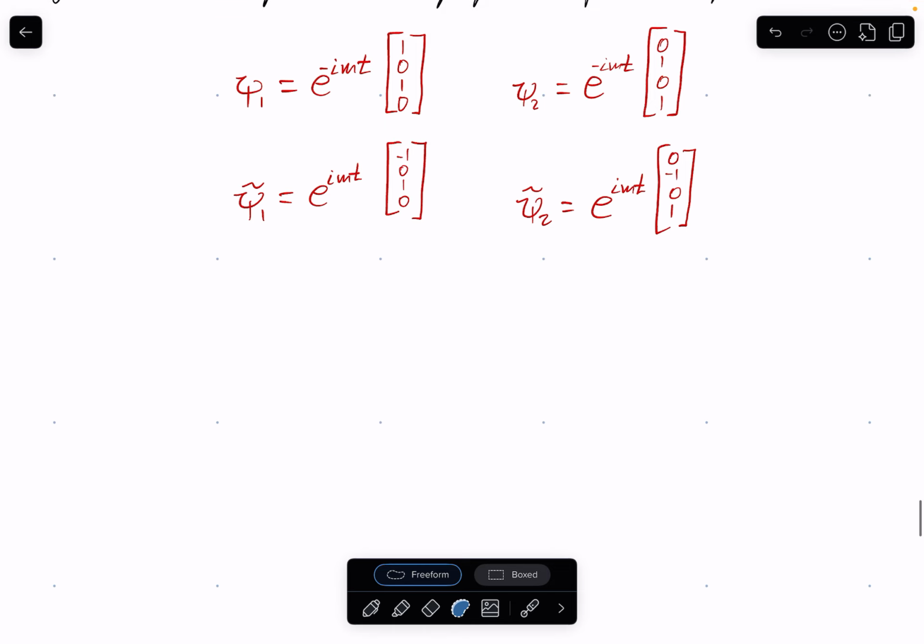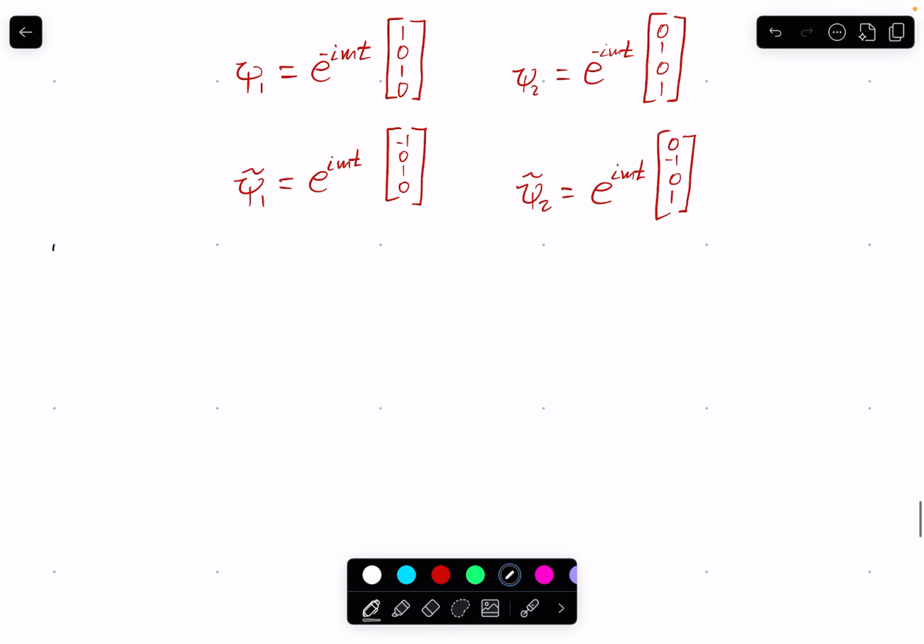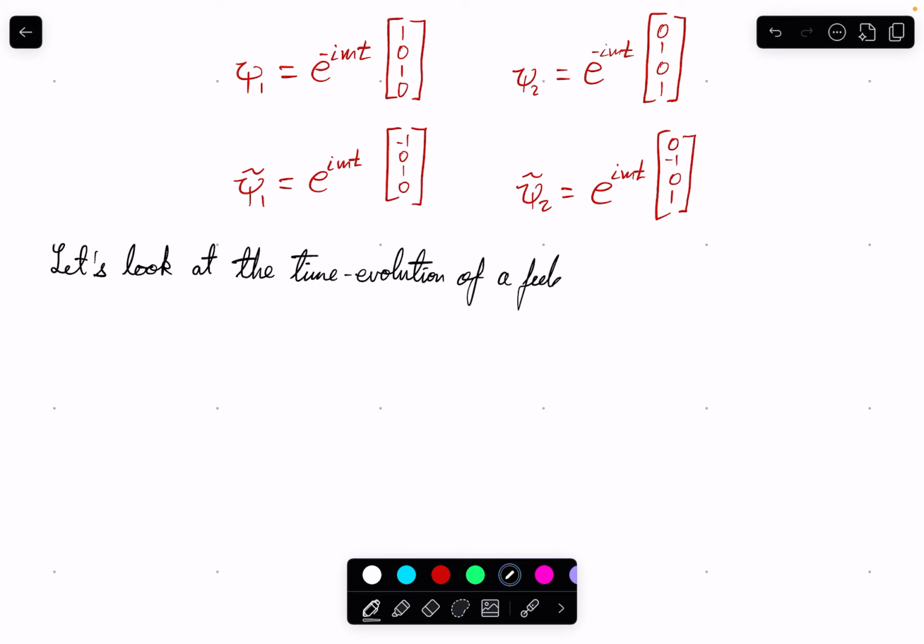So let's look at the time evolution of a field that is left-handed and spin up at time equals 0.